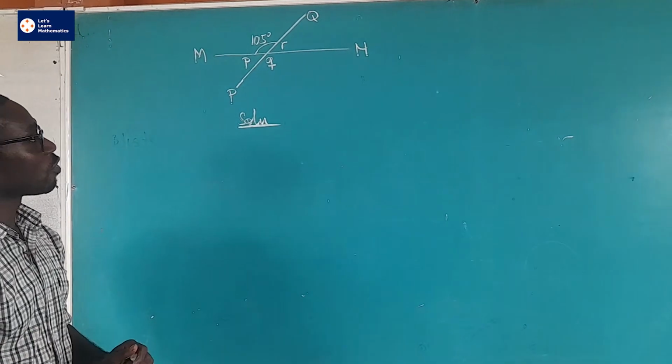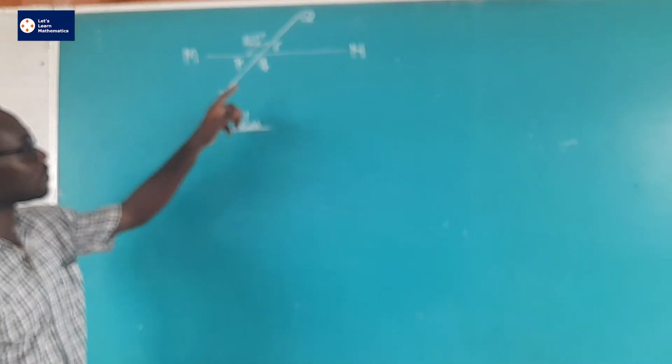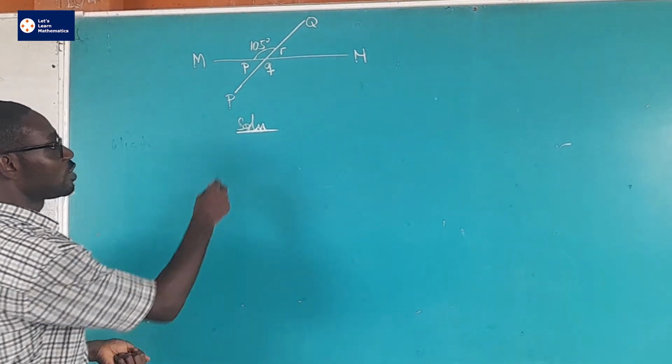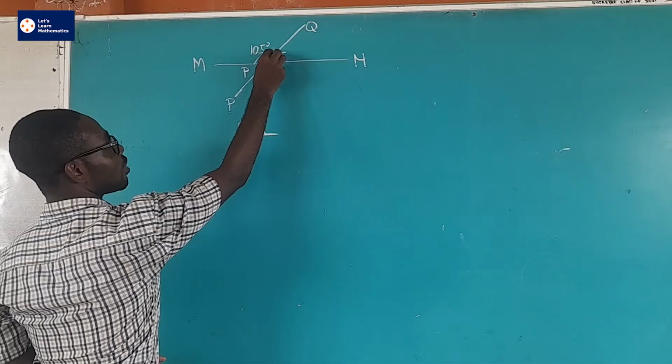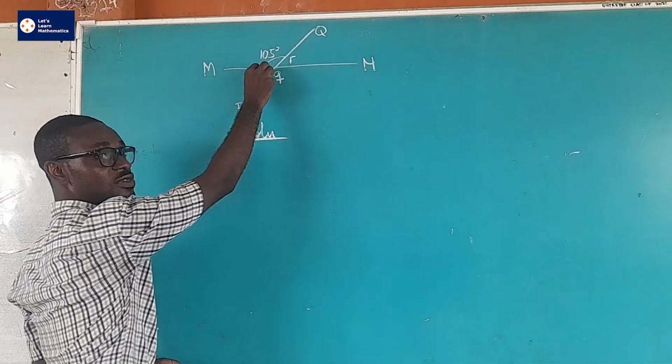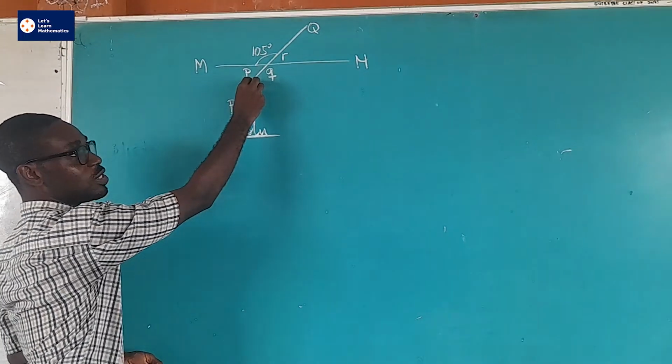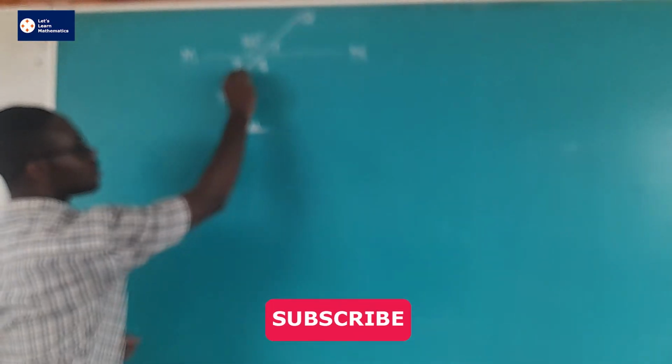So from the diagram, if I'm using this line PQ, I can see that angle 105 degrees and angle P are on this same line. How to see it?